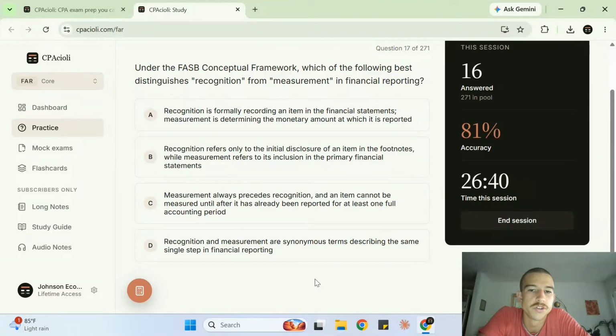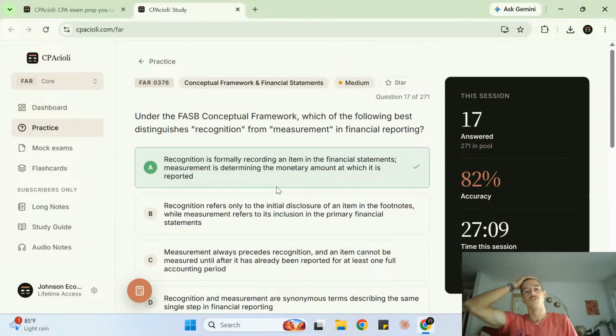Refers only to the initial disclosure, not in the footnotes. I think A.